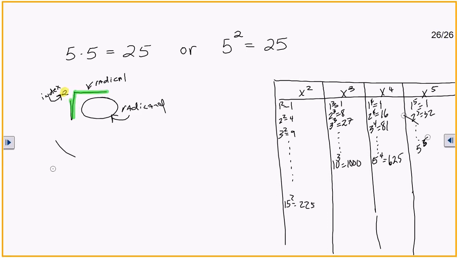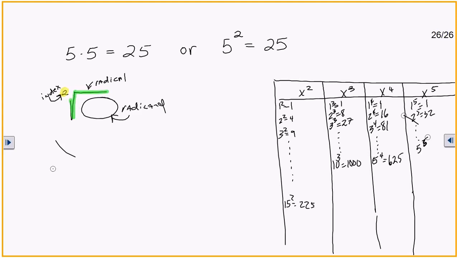And I tell them to make a card like this whenever I'm in a classroom, because it pays for students to think of perfect squares, perfect cubes, perfect fourth roots, perfect fifth roots.